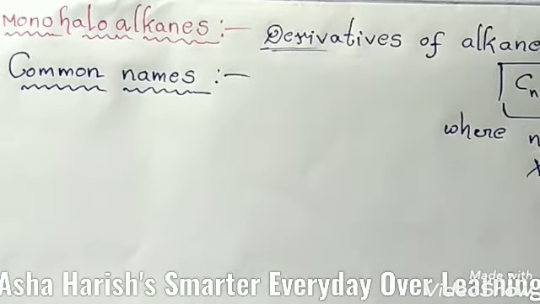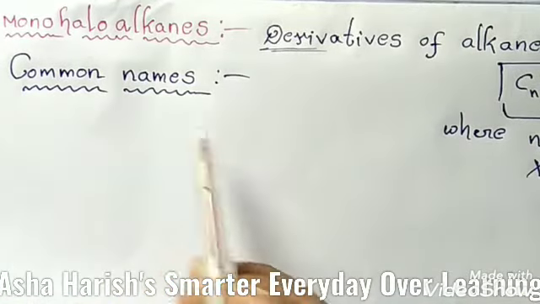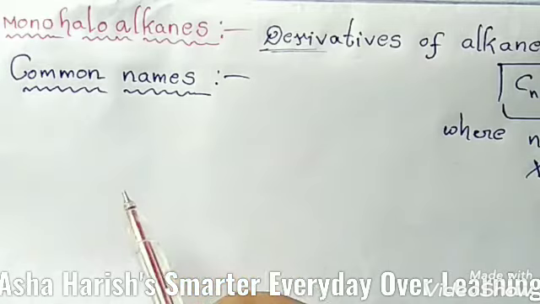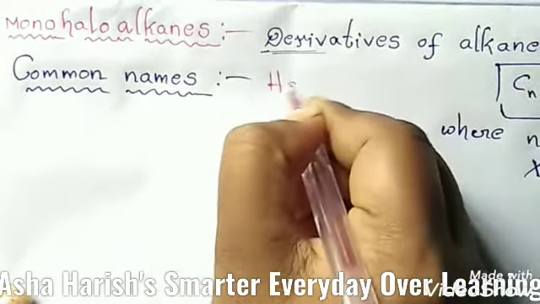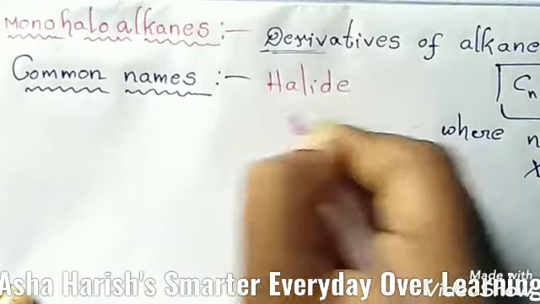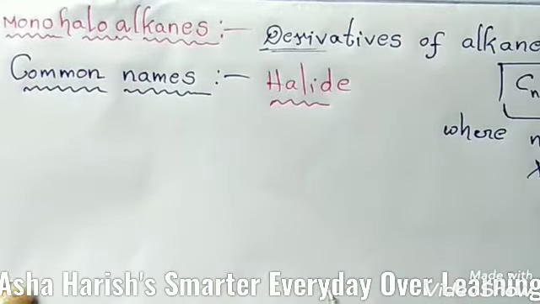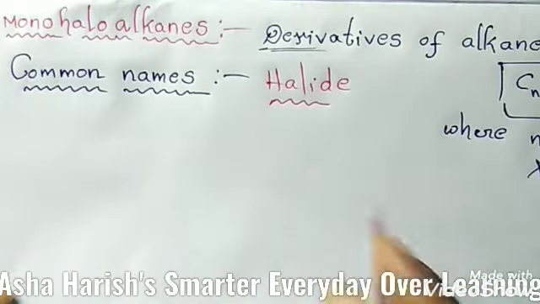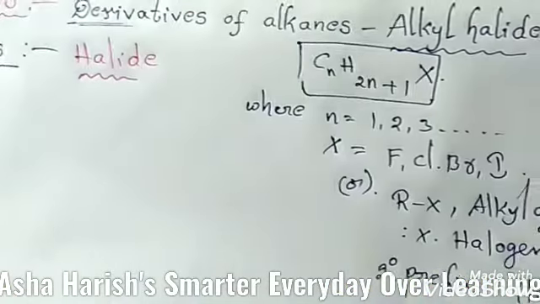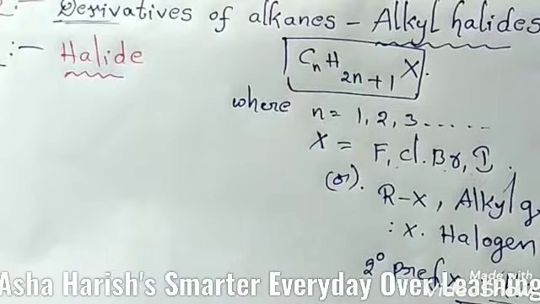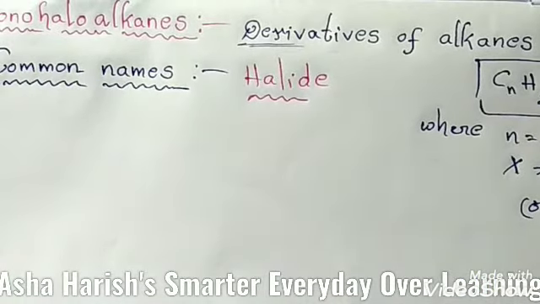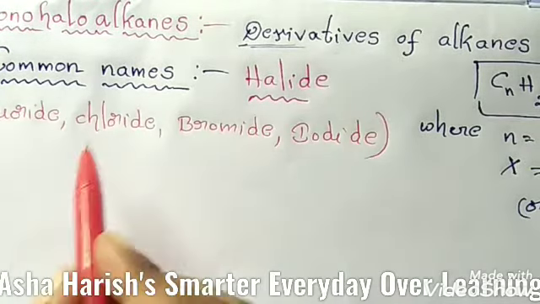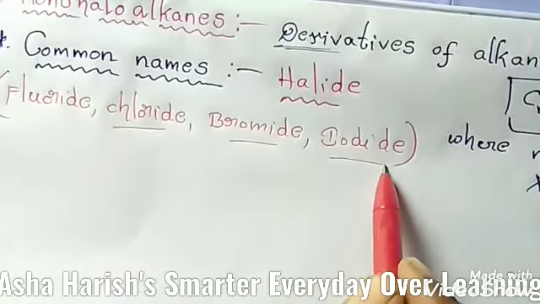Now students, let's see common names of these monohaloalkanes. You can add the word halide. Halide means, based upon fluorine, chlorine, bromine and iodine, the names should be fluoride, chloride, bromide, iodide.